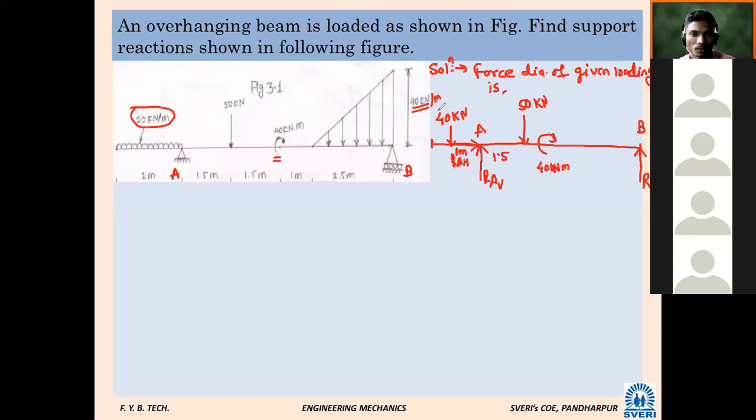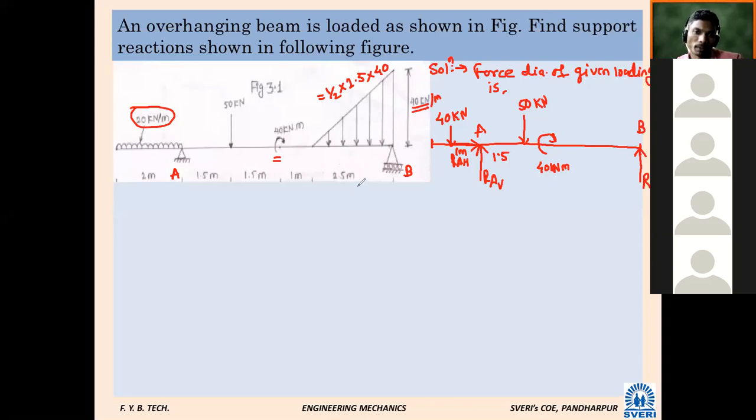Here it should be kilonewton per meter. I think it went missing while cropping. So what will be the intensity of this triangular load? 1.5. How will it be? 1.5 into what is its base? 2.5 into 40 into 40. So what value is coming?